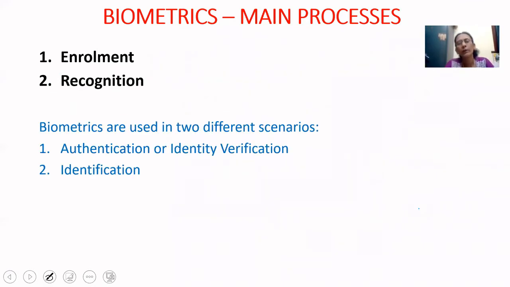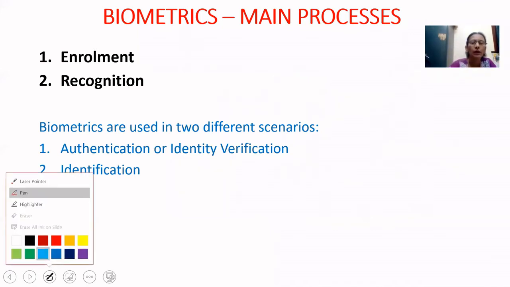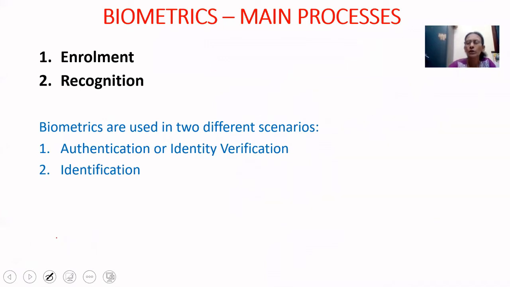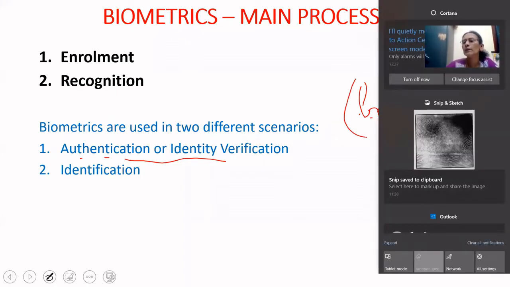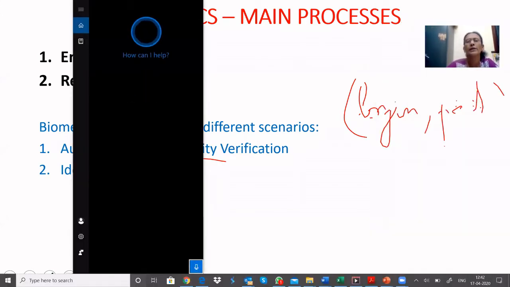Now, this biometric system is used under two different scenarios. One is authentication or identity verification. The second is identification. First, what is authentication or identity verification? This is like your password system. You are going to a system, and the password is stored in the authentication server as a pair, that is, login and password.